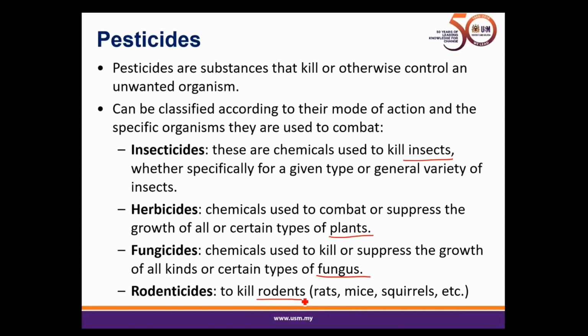But most of the agriculture sector prefers to use synthetic chemicals as their pesticide, because synthetic pesticide can produce and harvest a large amount of food with respect to a small area of land.